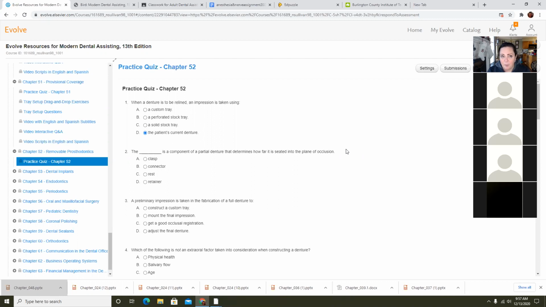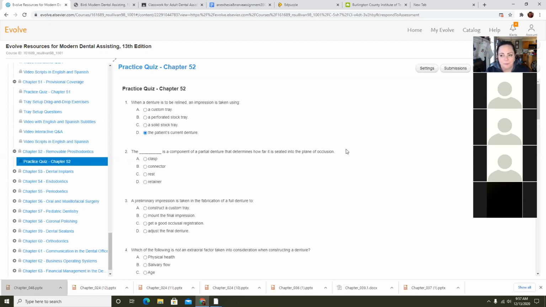No. What does it replace? It replaces the missing teeth in an arch, but not all the teeth are missing. Okay, so if some of the teeth are missing in an arch, we're going to do what's called a partial denture. If all of the teeth are missing in an arch, we're going to do a complete denture.